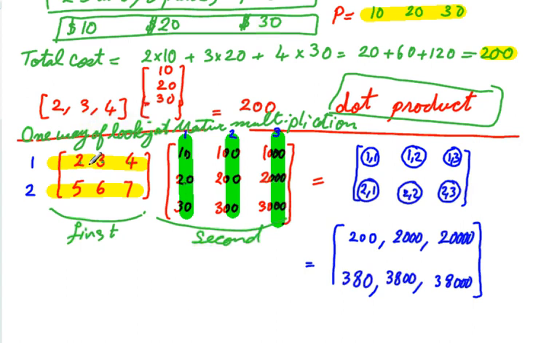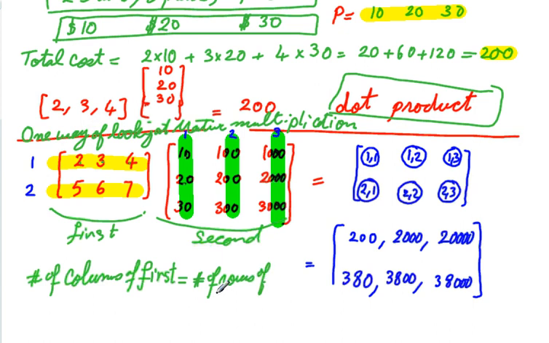Well, what are you counting here? You are counting the number of columns of the first. It has to match what? Number of rows of the second. So that's a compatibility condition.